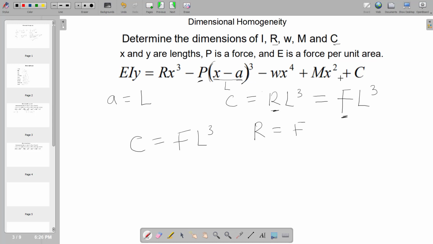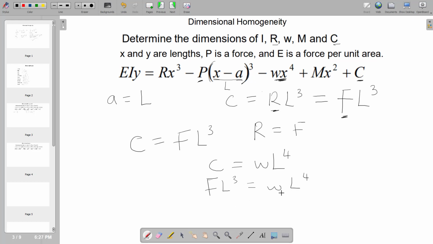Now we can compare C to our Wx to the power 4 here. We know x is a length, so our C has the same dimension as this Wx4. x is a length, so L4. So we already know our C to be FL cubed, so we say FL cubed is in fact equal to WL4.